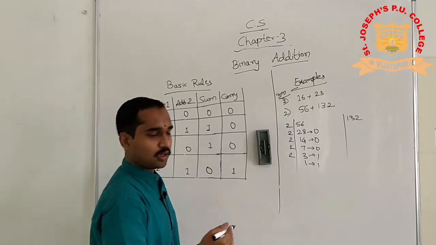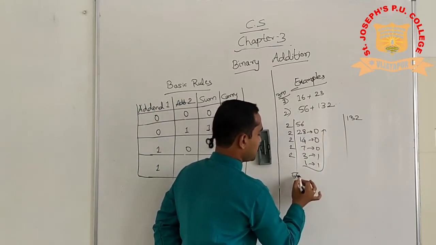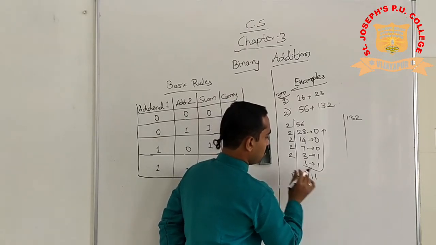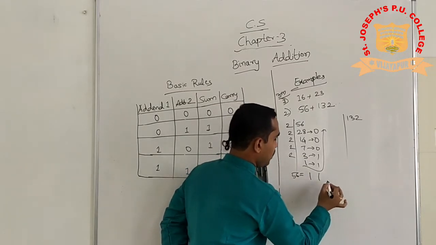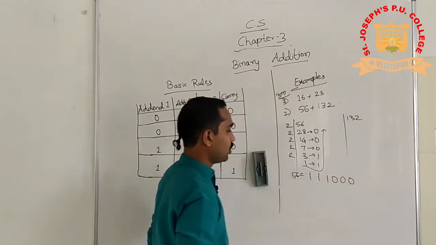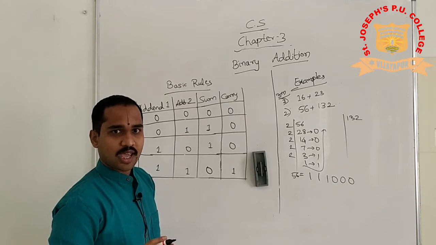Can you divide it further? Not possible. Collect the remainders. So 56 is 111000. Just write it separately so that it is easy to add. This is the binary equivalent of 56. Am I right?